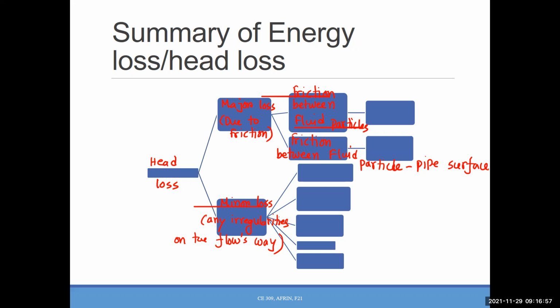Okay, so friction between fluid particles, what can be the indicator for that one? What is the thing you know about friction between fluid particles? Is there any property you know? The viscosity? Yes. So the friction between fluid particles is actually viscosity, which will give us the quantity of that one.